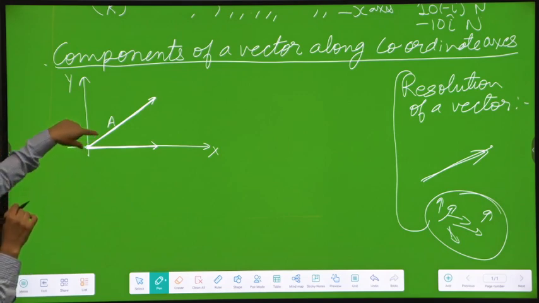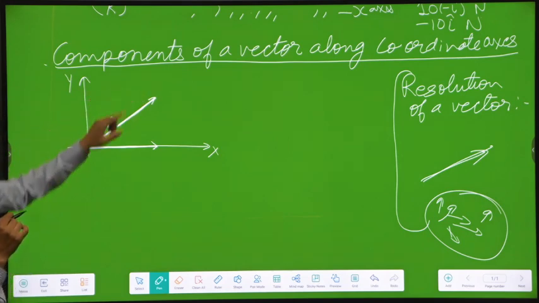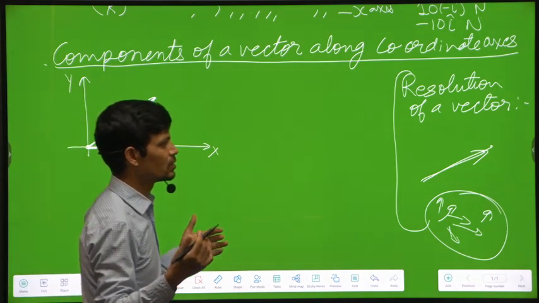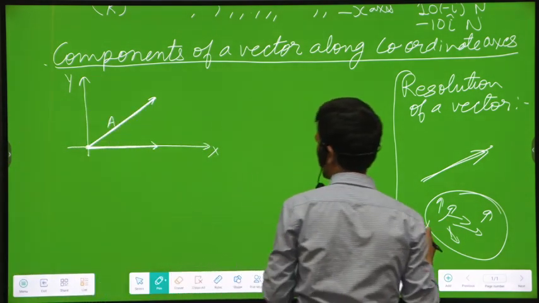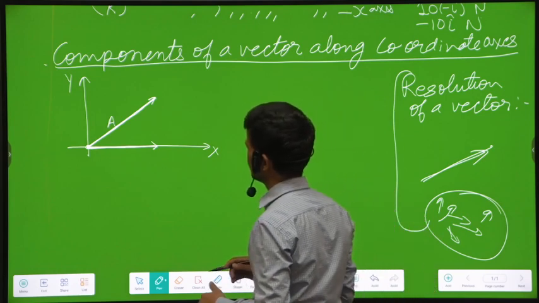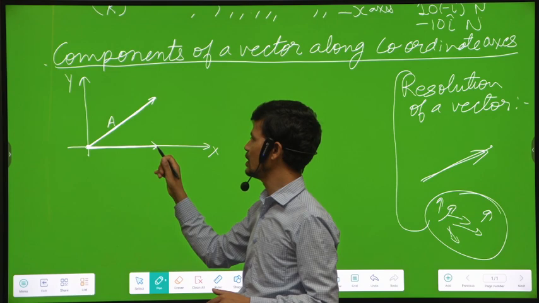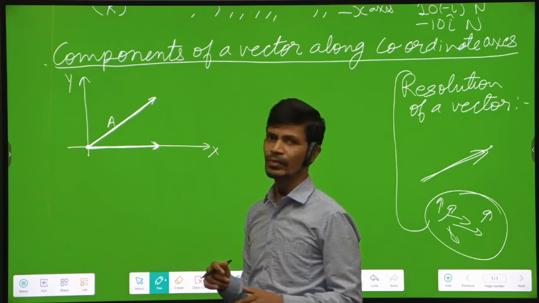Actually it has gone somewhere there, but if we are only interested in its approach toward the x-axis, then only this value is significant for us.